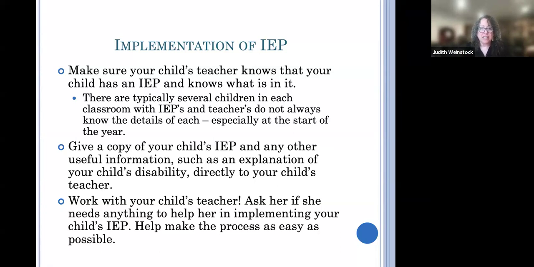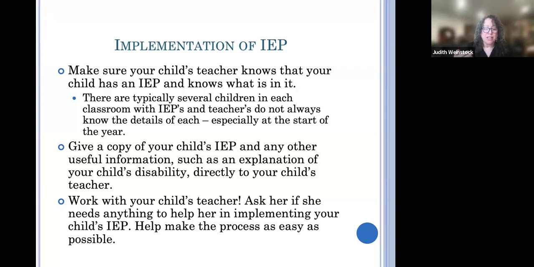This is the type of data that needs to be provided to you in order to demonstrate that this particular program is successful. If they don't have that data, they're not compliant, and it's required in the IEP. They're not in compliance with the IEP, and the law requires them to be in compliance with the IEP.